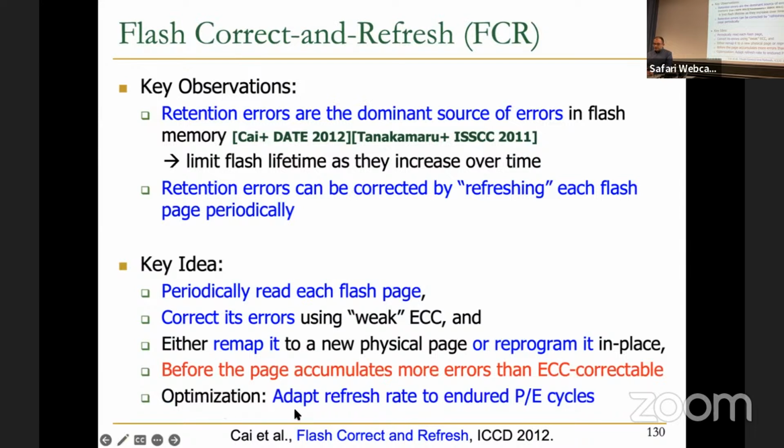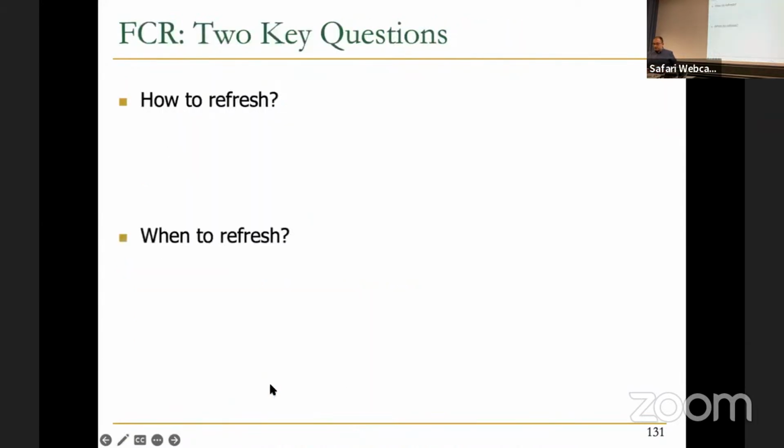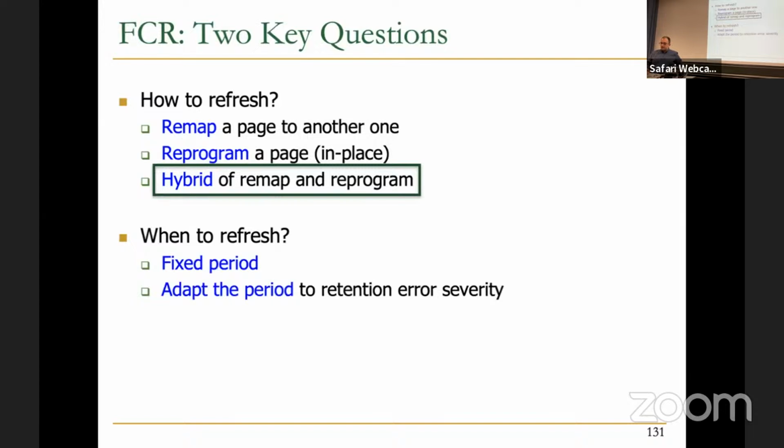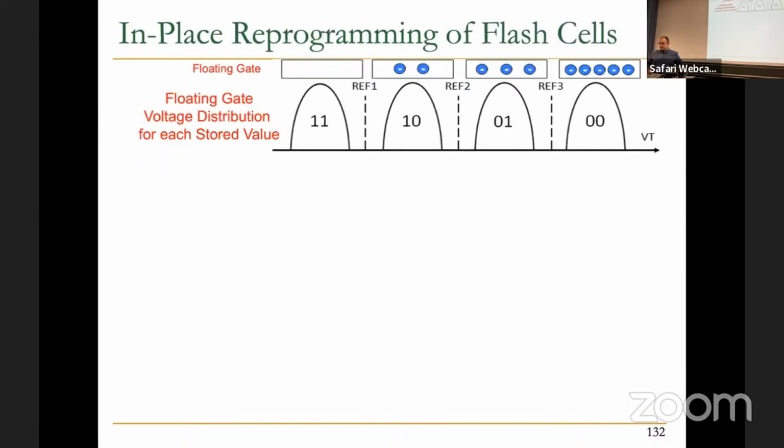And there can be optimizations, like adapting the refresh rate to the PE cycles. Okay, so how to refresh? As we discussed: remap, reprogram, or hybrid. And as you can guess, we are doing the hybrid. And when to refresh, it can be a fixed period or an adaptive period, which again, adaptive is better, of course. In-place reprogramming is not really magic.